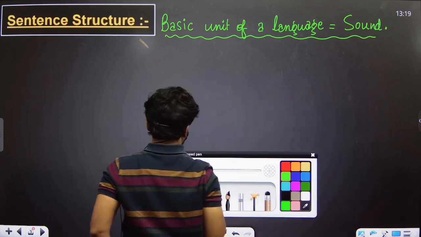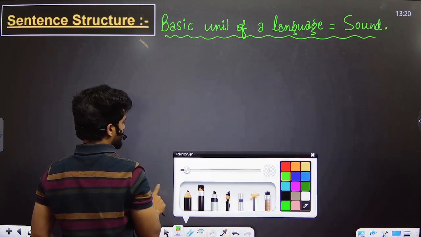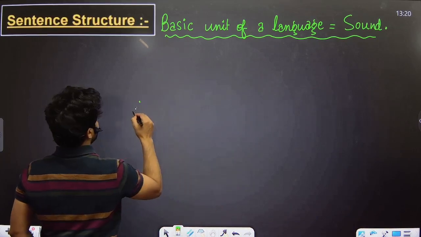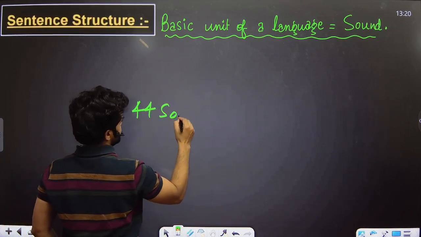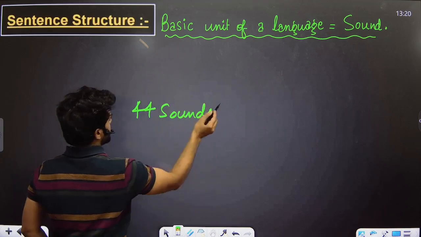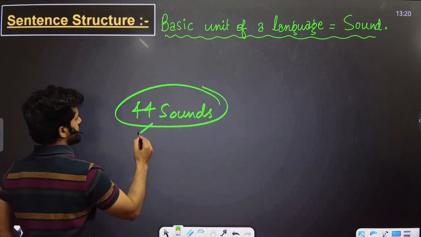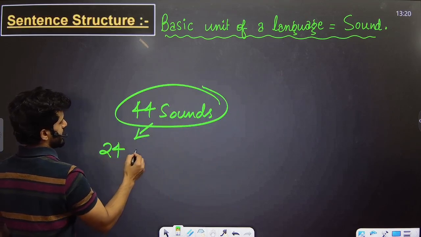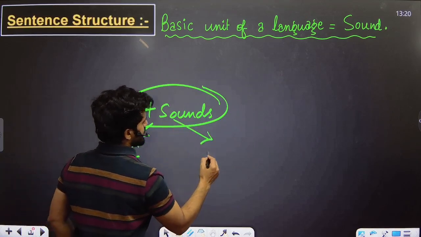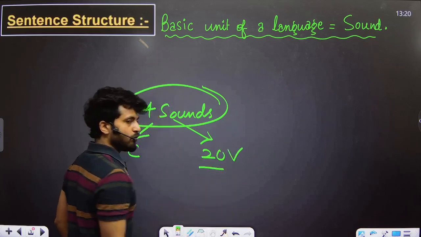In the English language, my dear students, we have a total of 44 sounds, and in these 44 sounds, 24 sounds are kept for the consonants and 20 sounds are kept for the vowels.